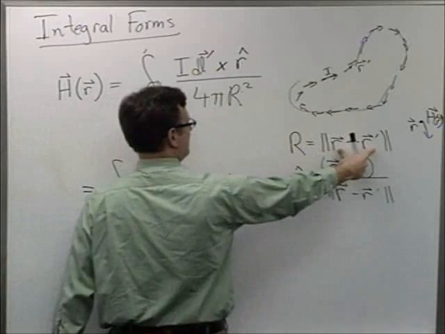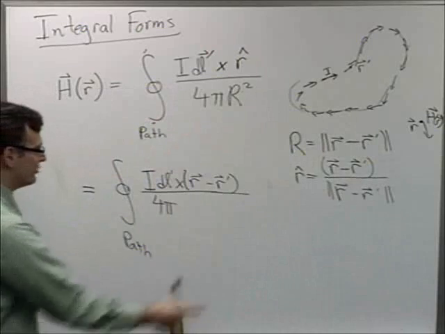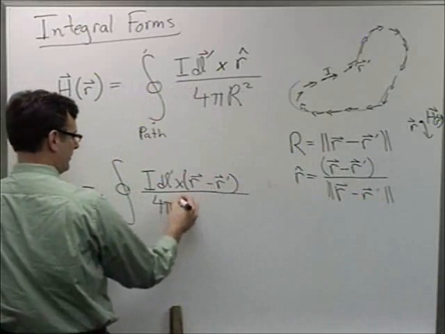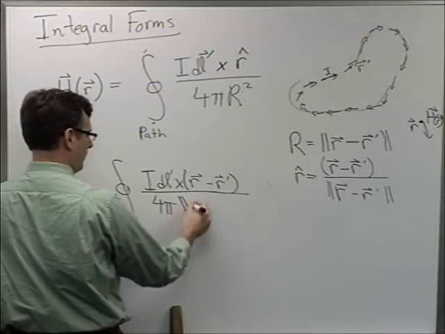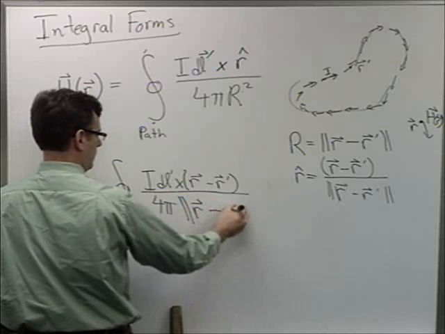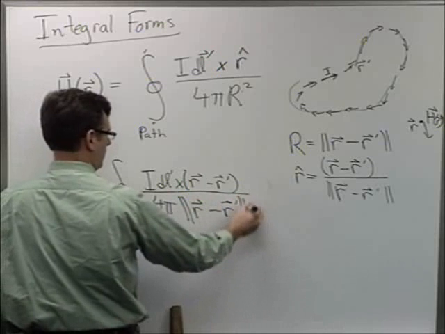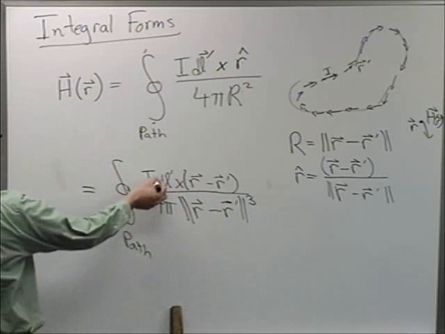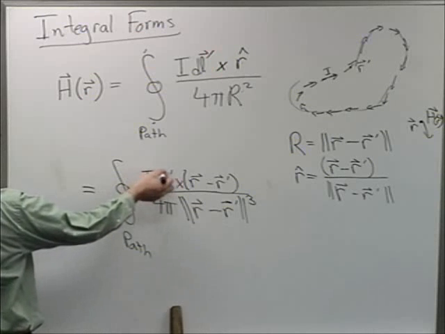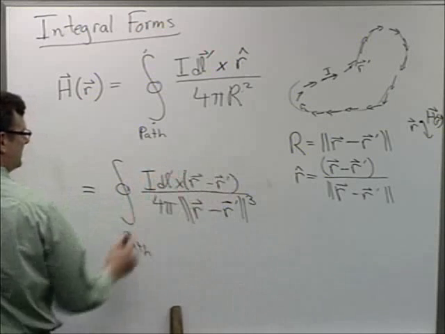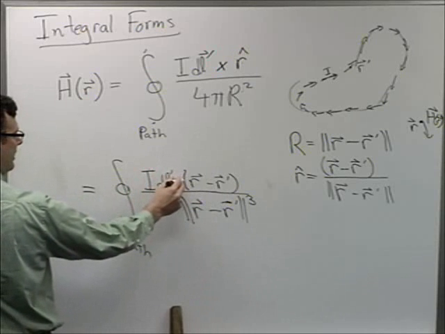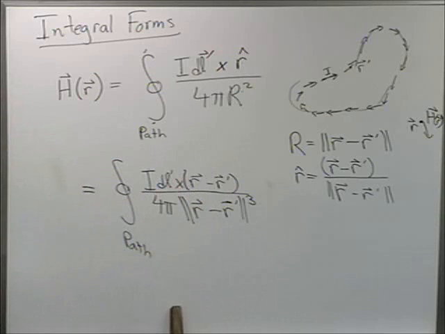I've got magnitude squared in the denominator, and remember, I got to have another magnitude squared to normalize the effect of this vector. Where have we seen that before? This looks just like Coulomb's law, except now instead of q times r minus r prime times a differential element, I've got to do a cross product of my path element into that vector instead.